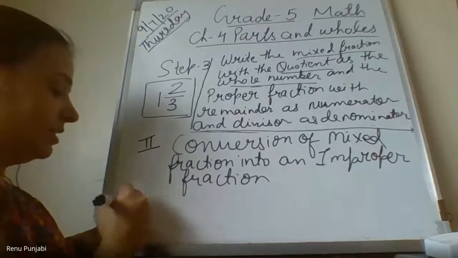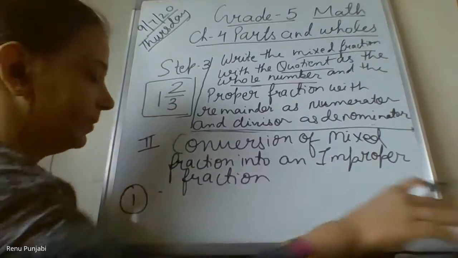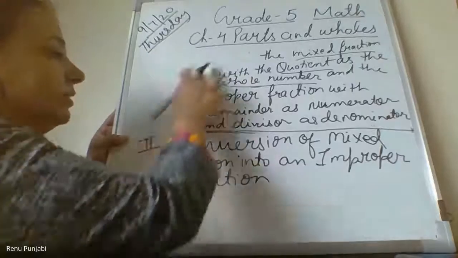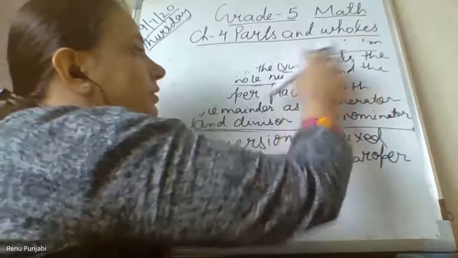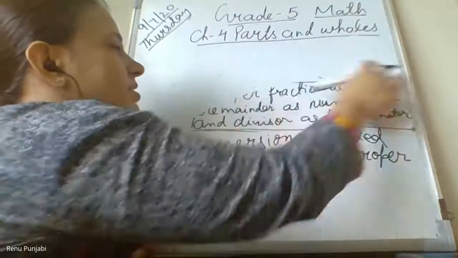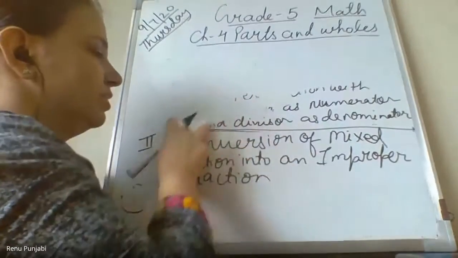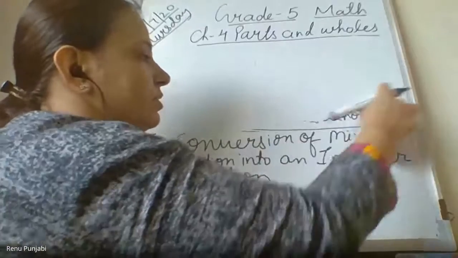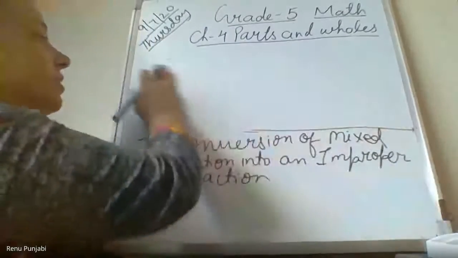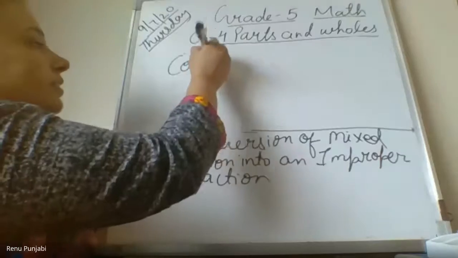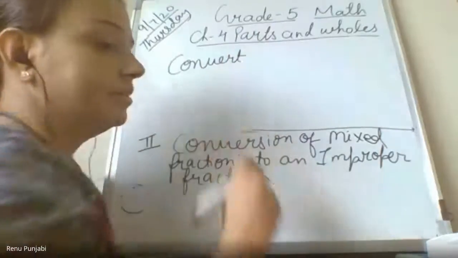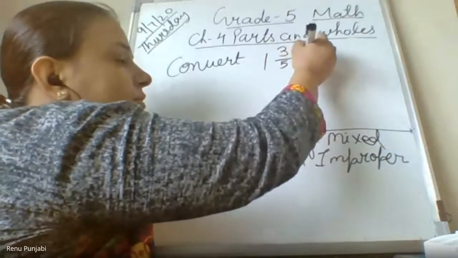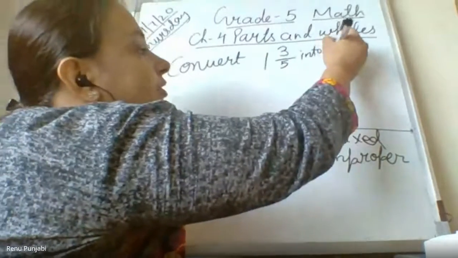Question is: convert 1 whole number 3 upon 5 into an improper fraction.